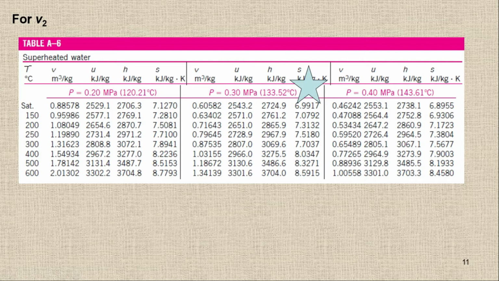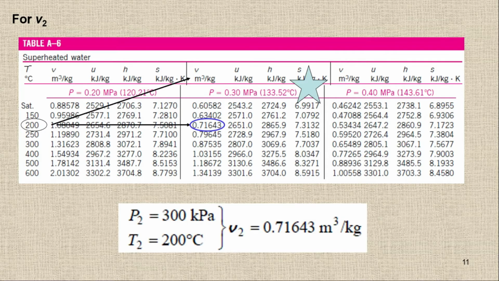The given temperature is 200, and we check the volume, which is 0.71643 meter cube per kg. This is the specific volume at 300 kilopascal and 200 degrees Celsius from table A6.